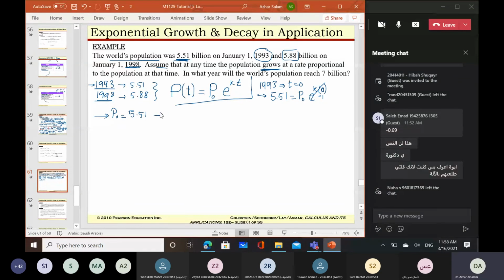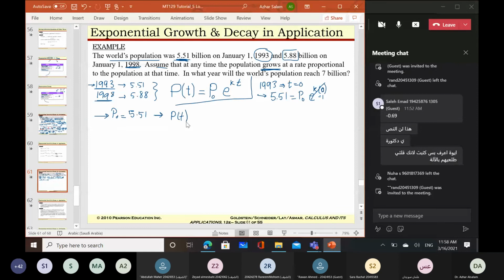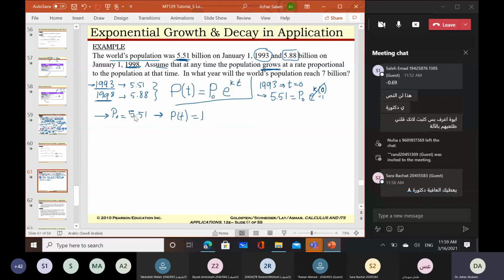Okay, so the equation is P of t is equal to P0, which is 5.51, multiplied by e to the power kt. My purpose here is to find the value of the constant P0. Okay.